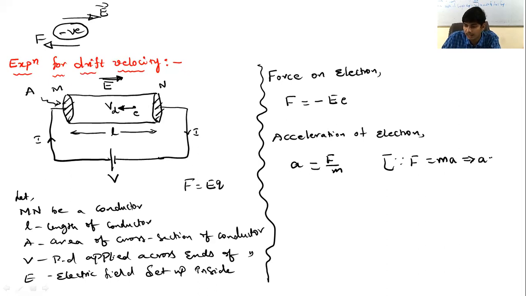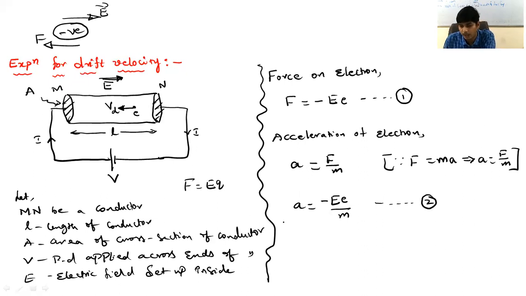This implies acceleration is equal to force by mass. So a is equal to F by m. This is equation 1. From equation 1, I can substitute F as minus capital E into small e divided by m, so a is equal to minus E e by m. This is equation number 2.